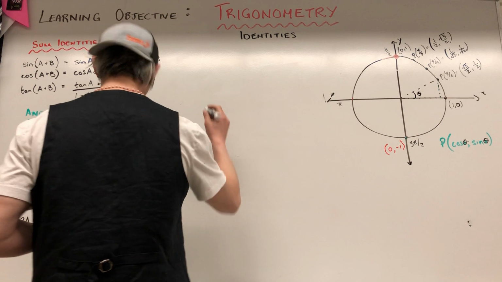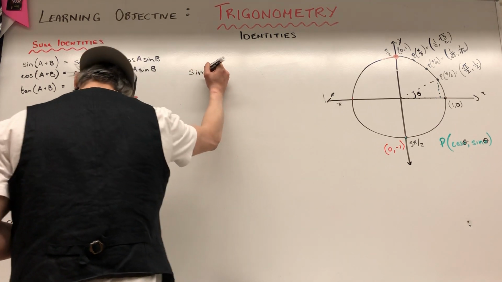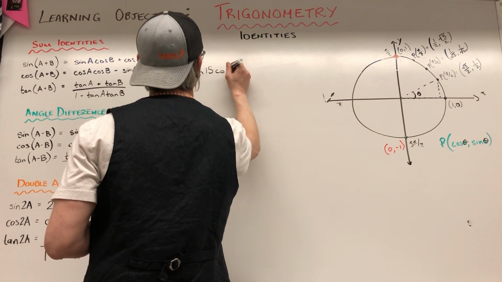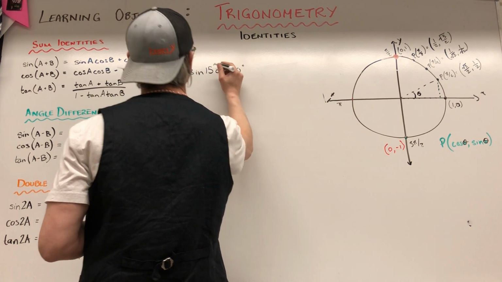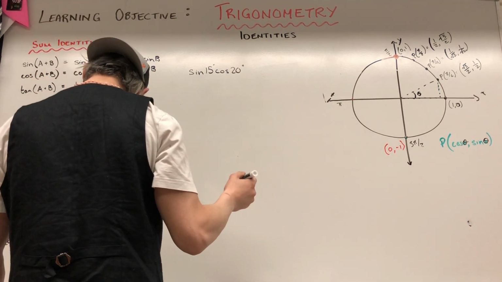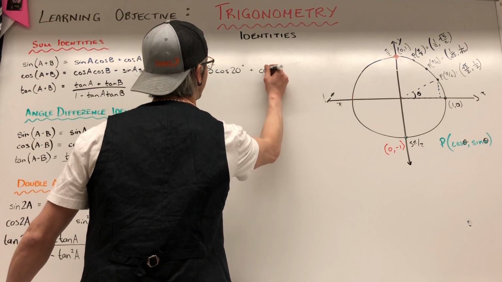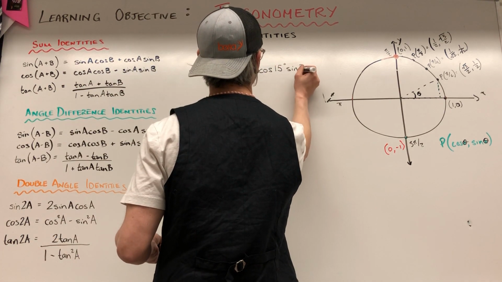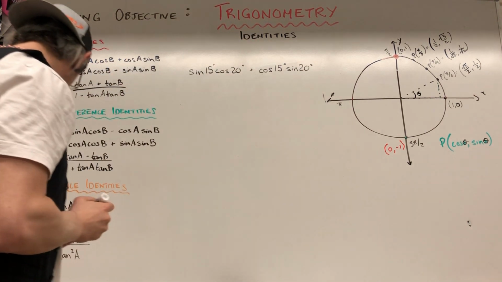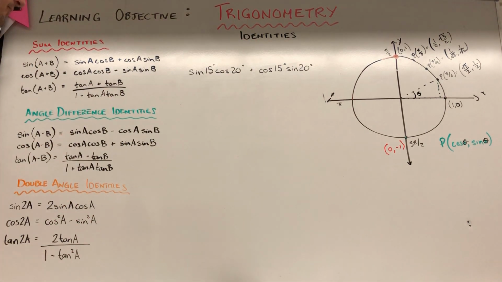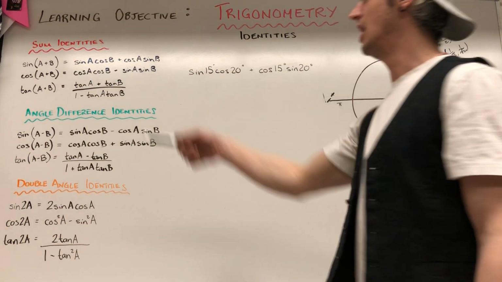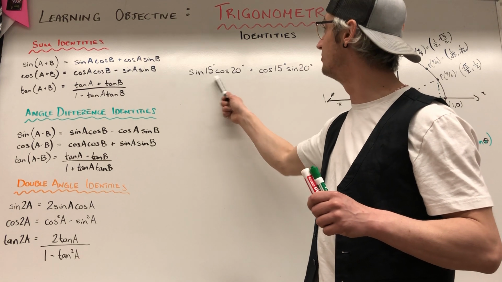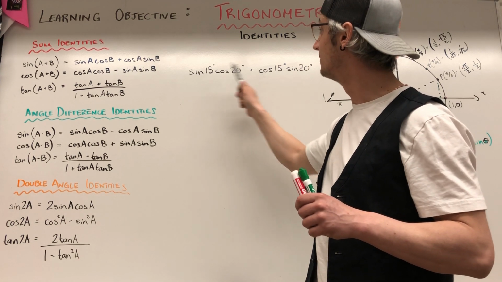This is 1b. They give us sine 15 degrees, cos 20 degrees. We have to put the degree, otherwise you'll assume it's radians. Plus cos 15 degrees, sine 20 degrees. They want this written as a single trigonometric function. I've got a sine and a cos, and the numbers are different, then cos of that.